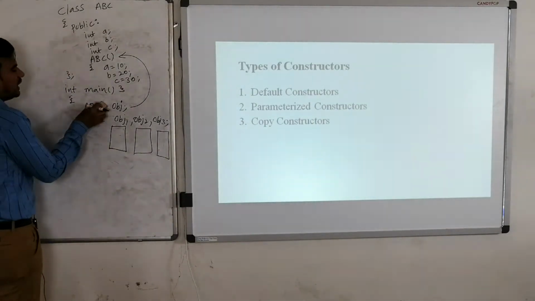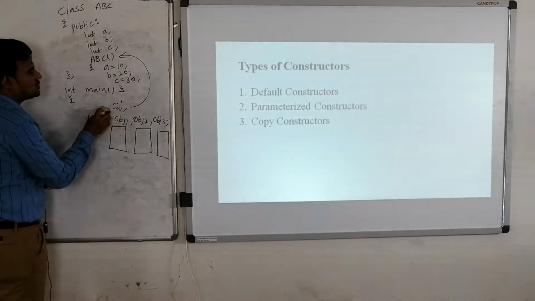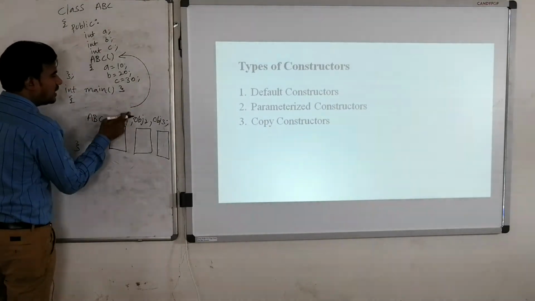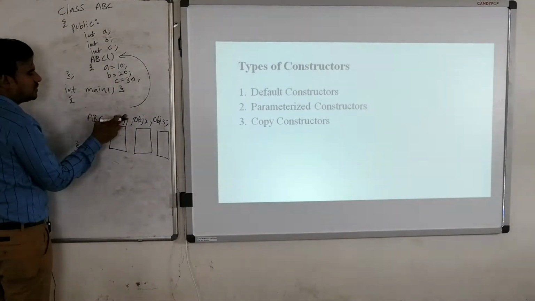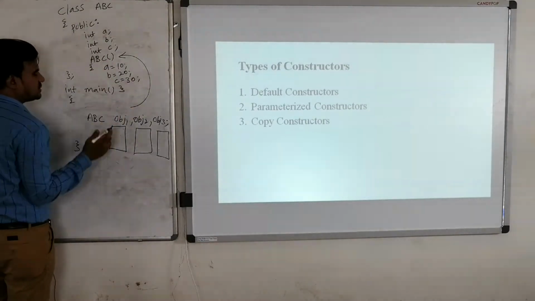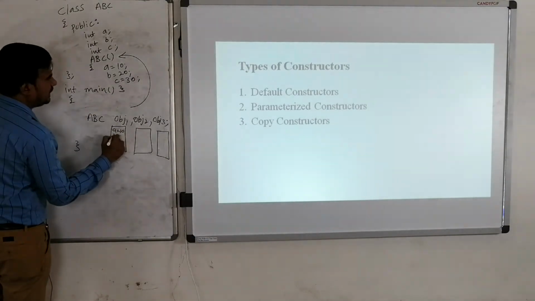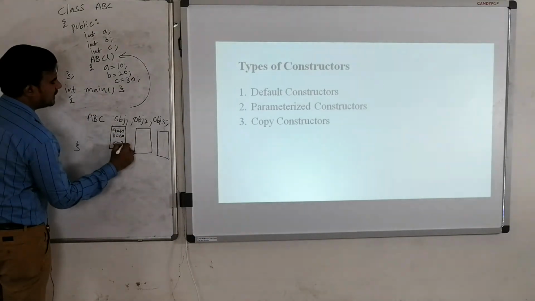When you invoke the first object, obj1, this object creation will invoke this constructor. So ultimately A will get 10, B will get 20, C will get 30.